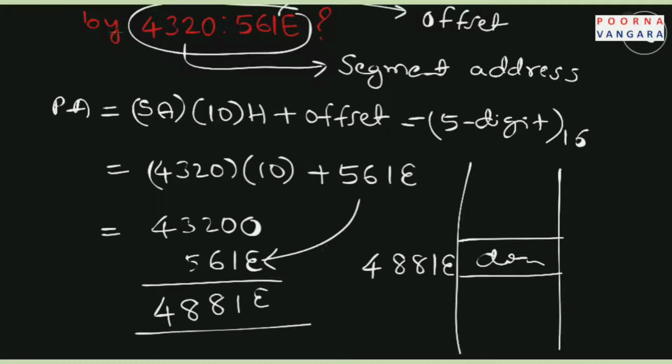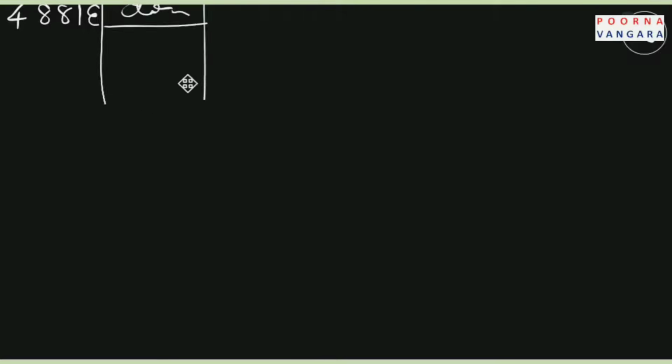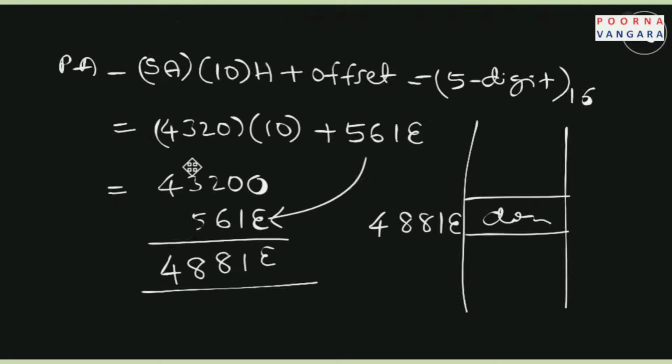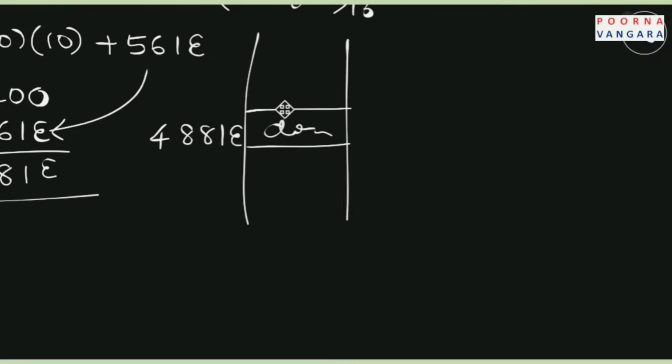Why I am mentioning specifically that these numbers are hexadecimal is because most of the times, whenever we are calculating the physical address of the data, generally we make one mistake: when doing this addition, we follow decimal addition, because we think the numbers are decimal. Please make a note that those numbers are hexadecimal.